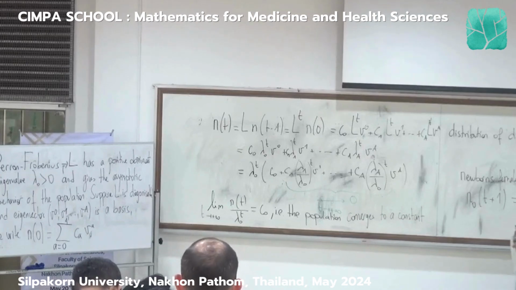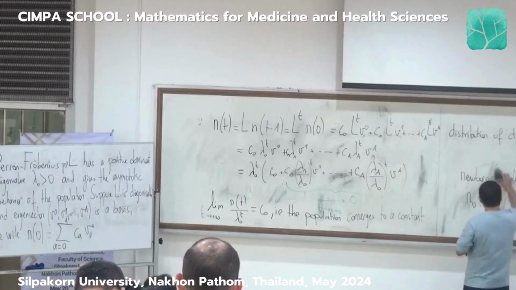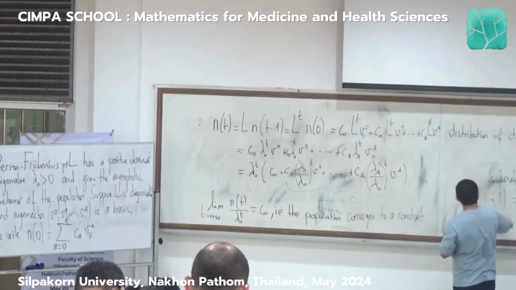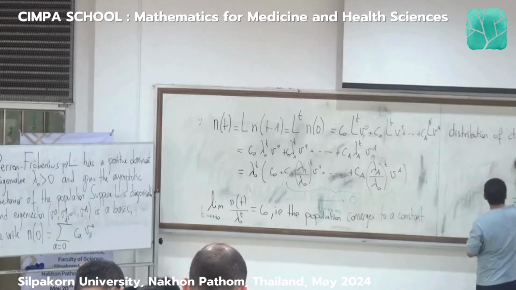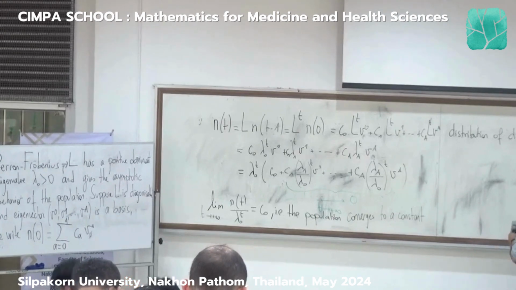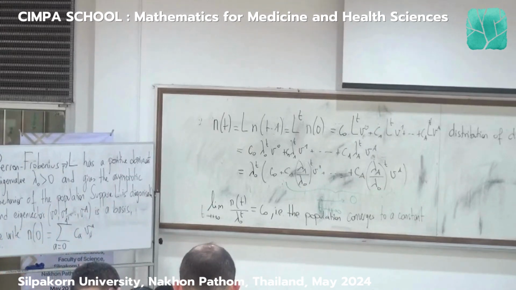Okay, but it also gives you more than that. People who are dealing with epidemiology will recognize this. What I am doing now is trying to define the basic reproduction number.